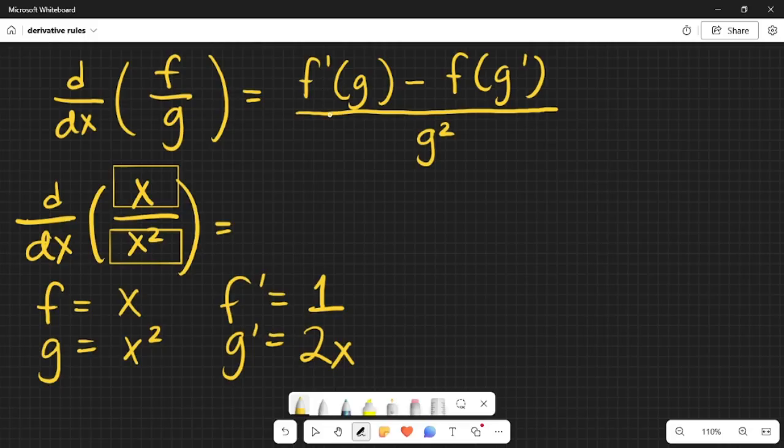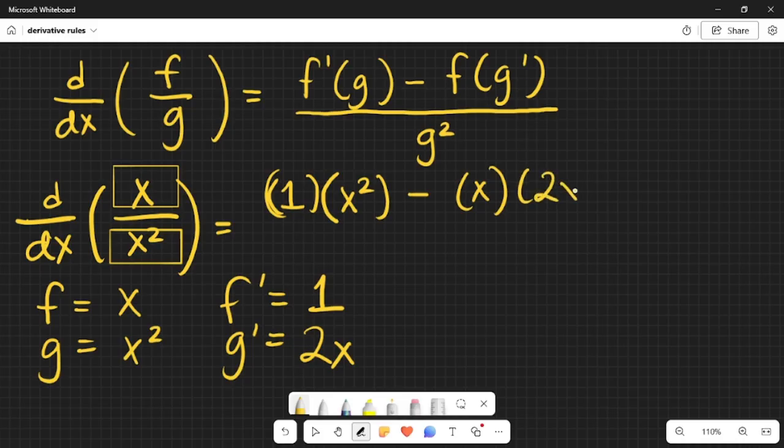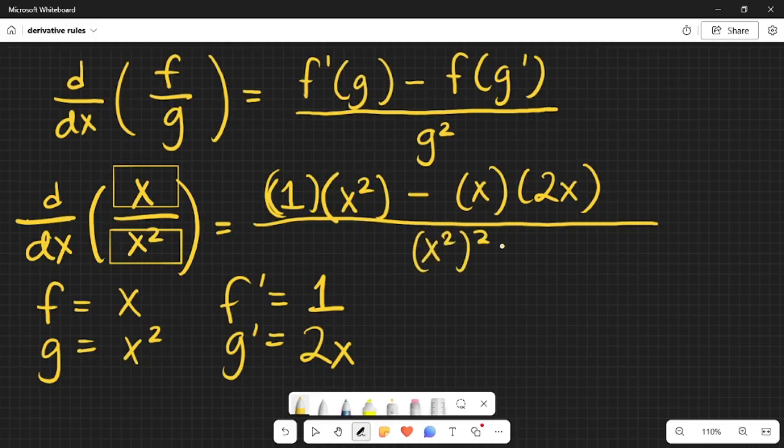The derivative of f is 1 multiplied by g, which is x squared, minus f, which is x, and the derivative of g, which is 2x, over g squared. g is x squared, and we're going to square that.